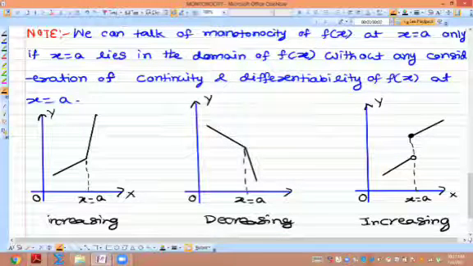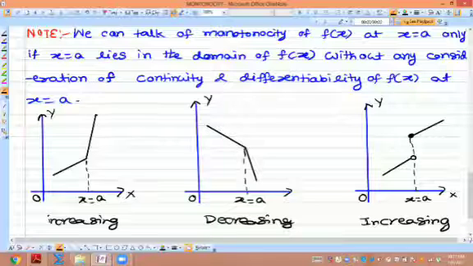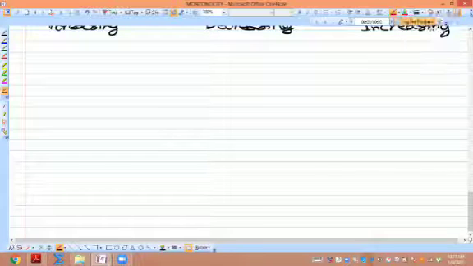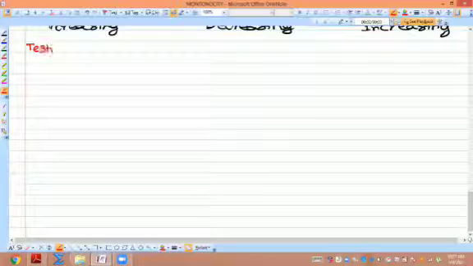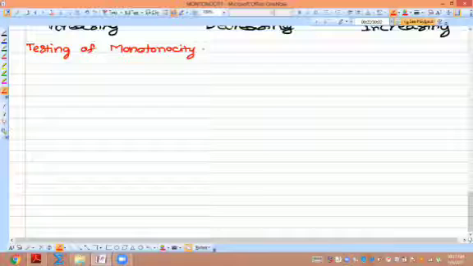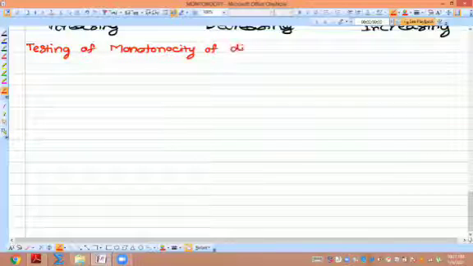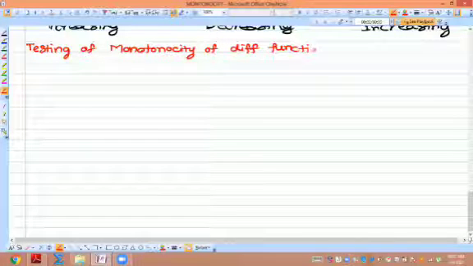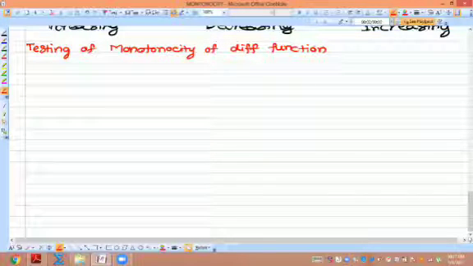Okay, so now keep the heading: testing of monotonicity of a differentiable function at a point.